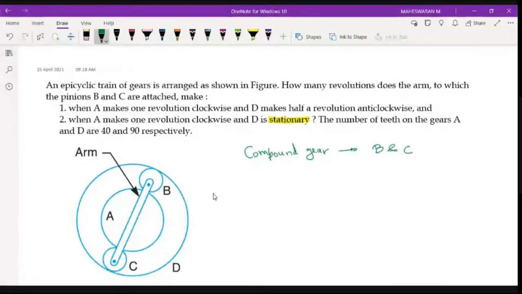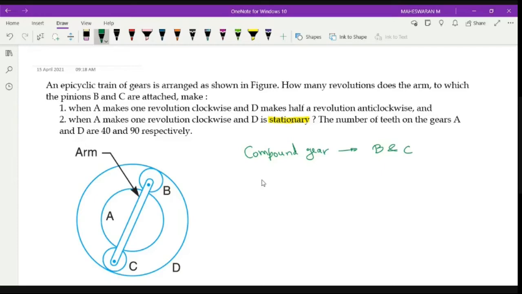B and C are rotating, revolving around A. You don't have a fixed shaft; instead the shaft is acting as an arm here. So the compound gear is B and C.